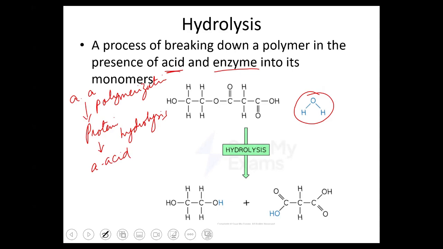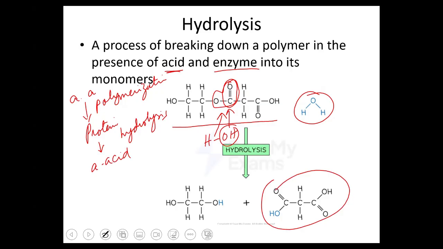If I am showing this dimer of ester, and I want you to hydrolyze it, break it down, you can add water here. The carboxylic acid side will take its OH back and will make a carboxylic acid.